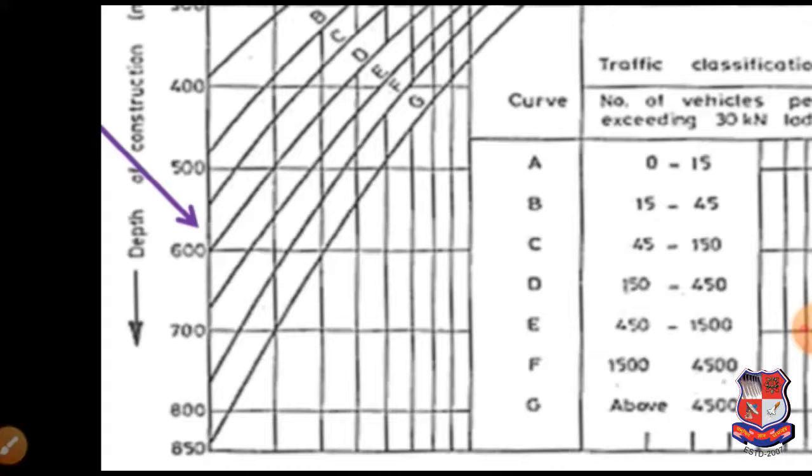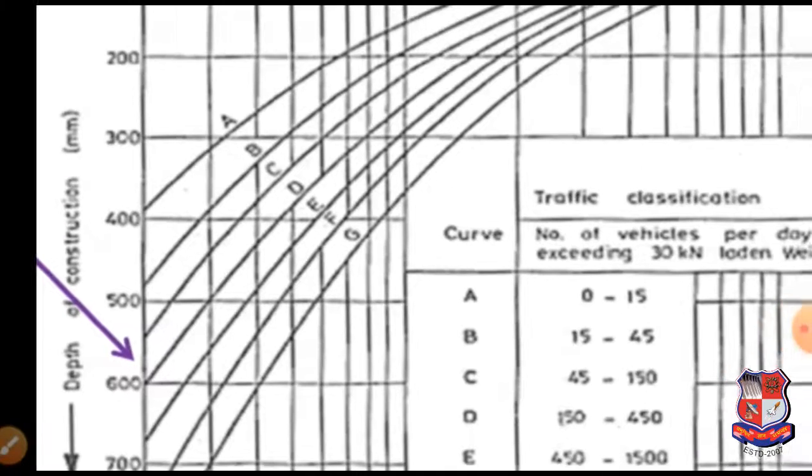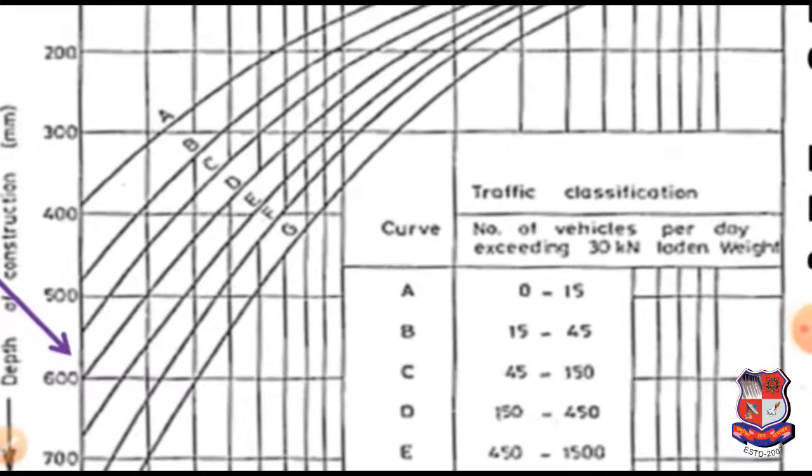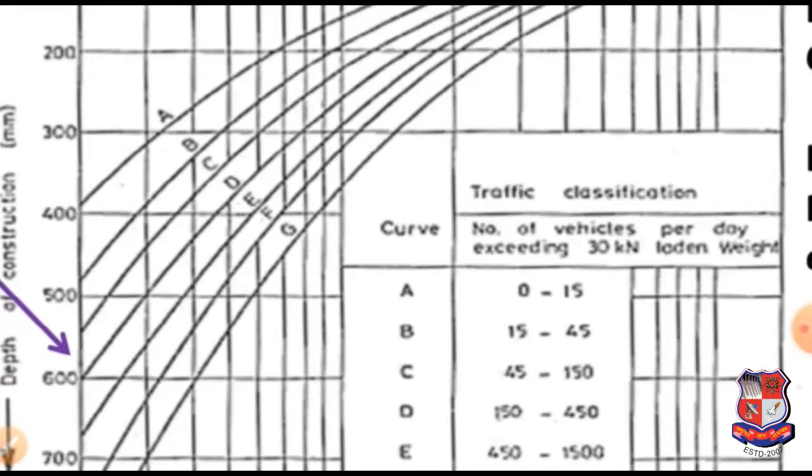In this graph there are many lines shown: line A, line B, line C, line D, line E, line F and line G. What do these lines represent?